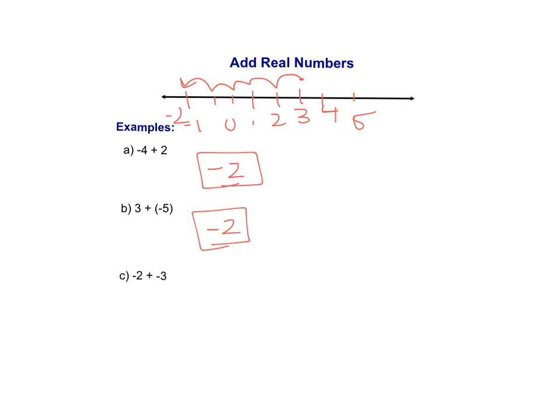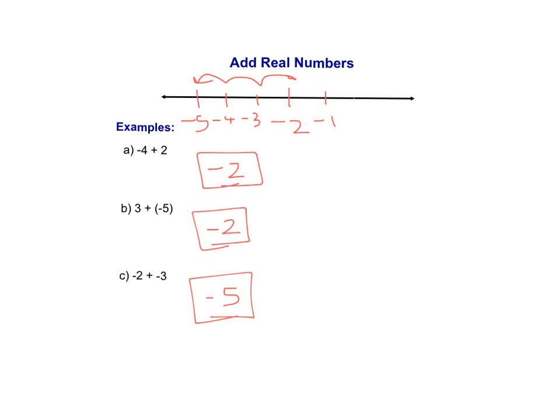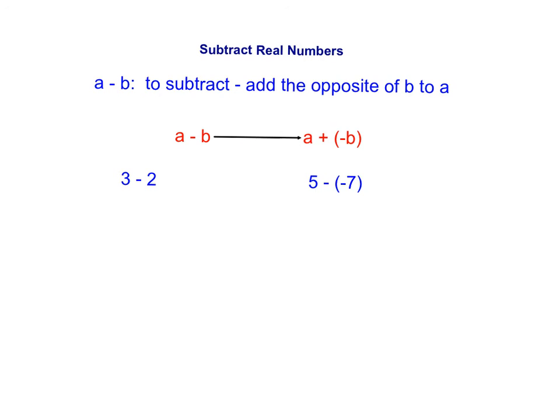And then the last one that we're looking at, again, addition with two negative numbers. We have -2, and we know we're moving in the negative direction 3. So I'm here, okay, -2, and I'm moving in the negative direction 1, 2, 3, and I end up at -5. So that's just a quick reminder on how we add with positive and negative numbers.